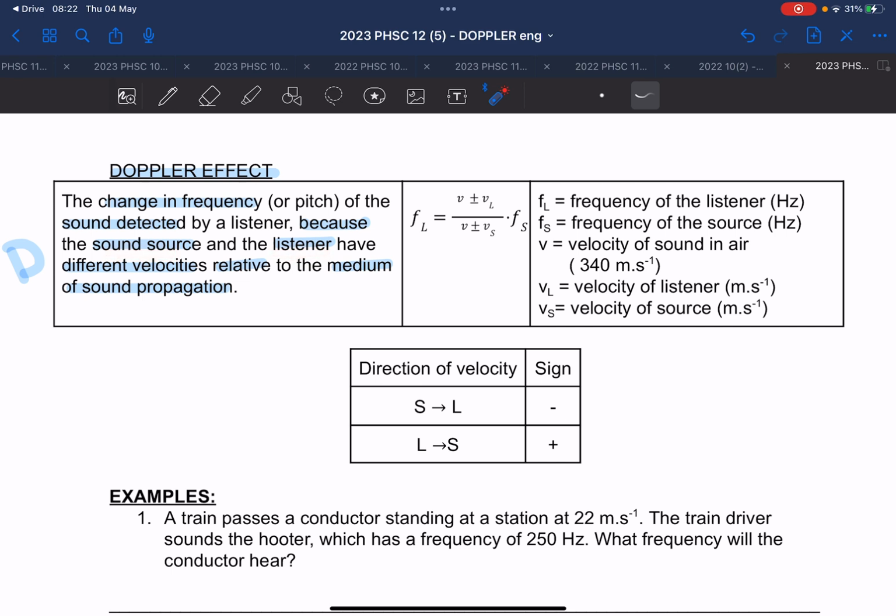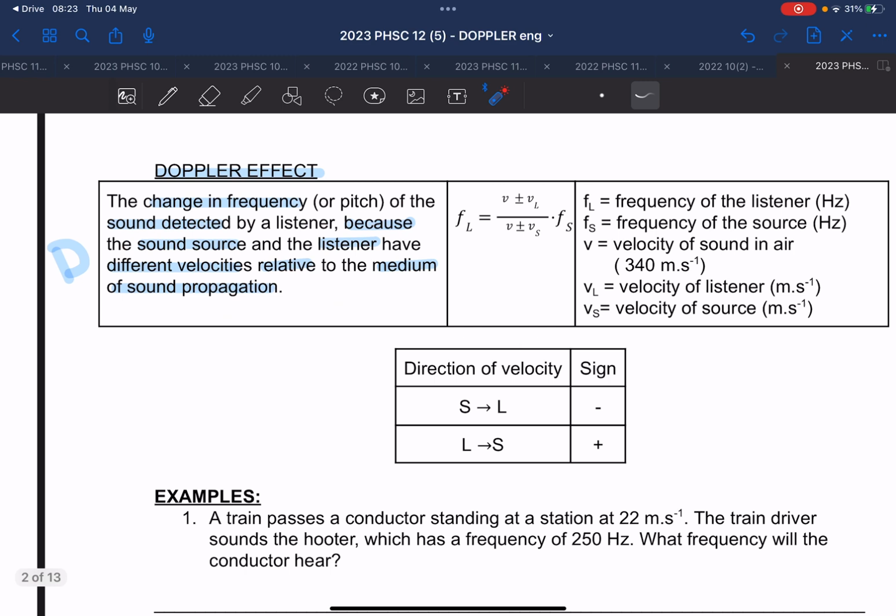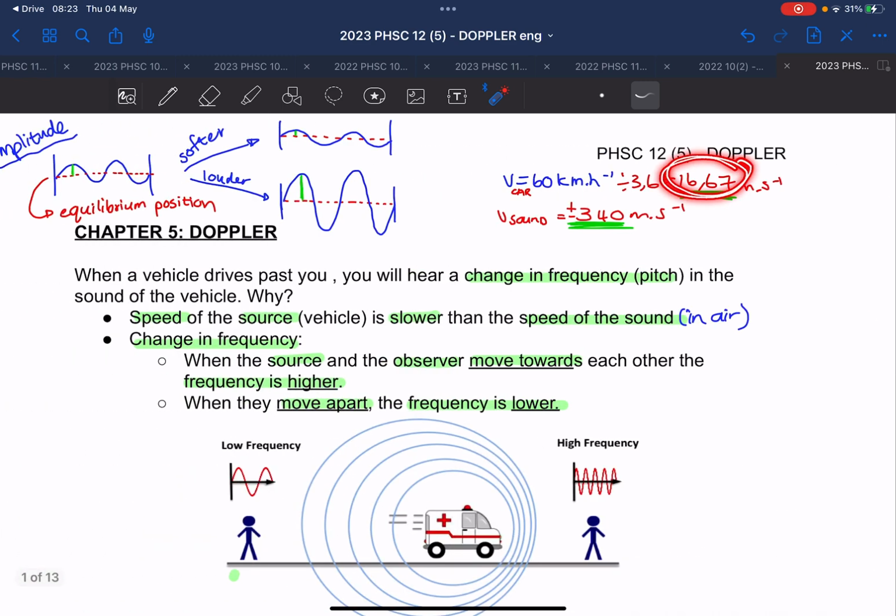The car is coming towards you, or you are moving away from something. So we have different velocities relative to the speed of sound. Because there's a different velocity between the two, there's a change in frequency that is observed. Okay, that's what the definition means.